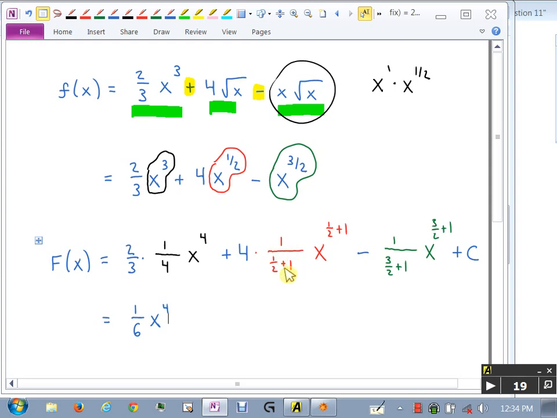So 8/3. x to the what? 3/2. And then over here, this was 3/2 plus 1, which is 5/2. 1 over 5/2 is 2/5. So we'll get minus 2/5 x to the 5/2 plus a constant.